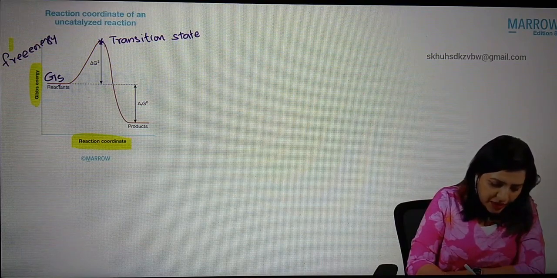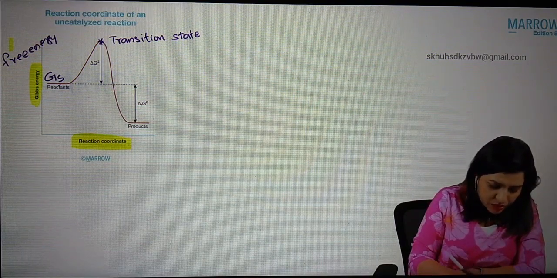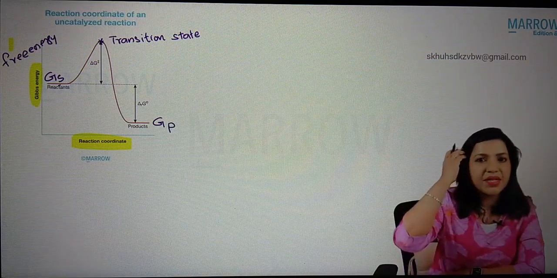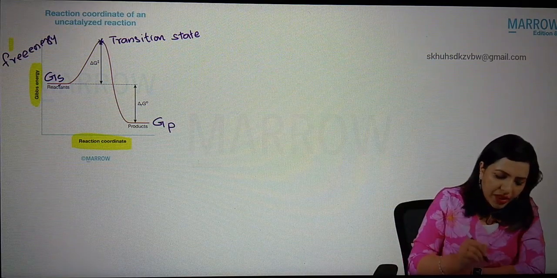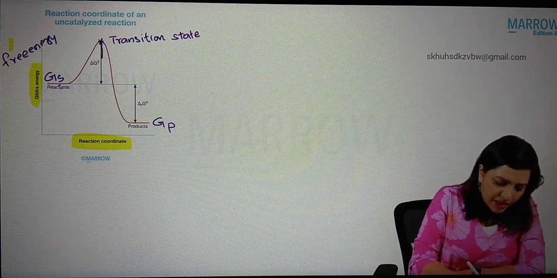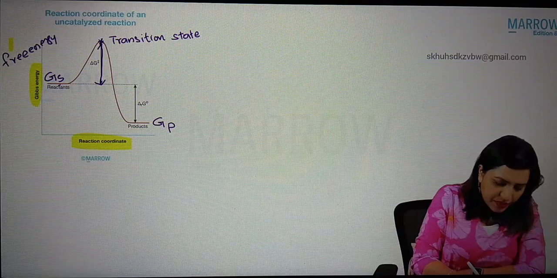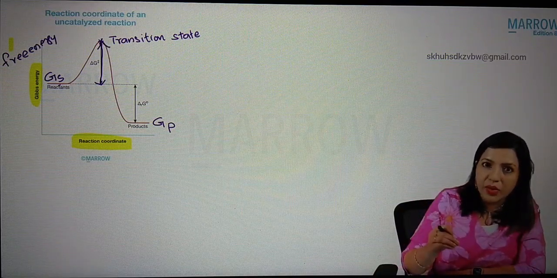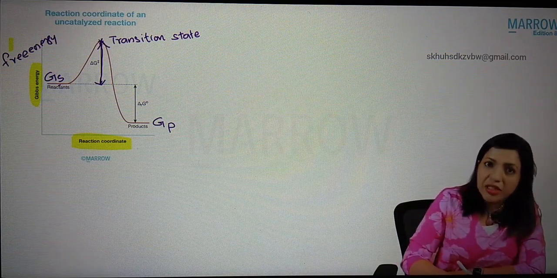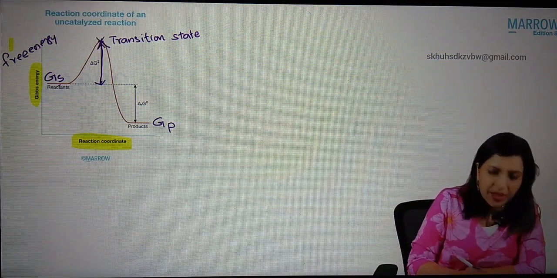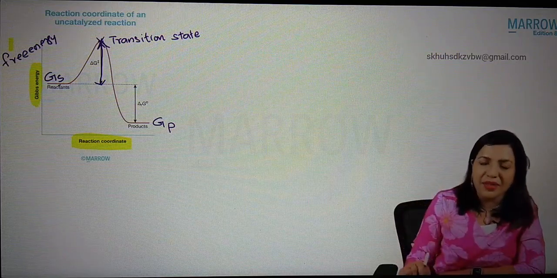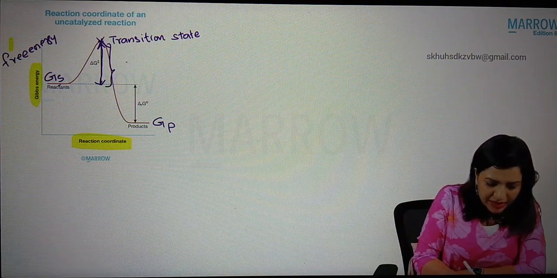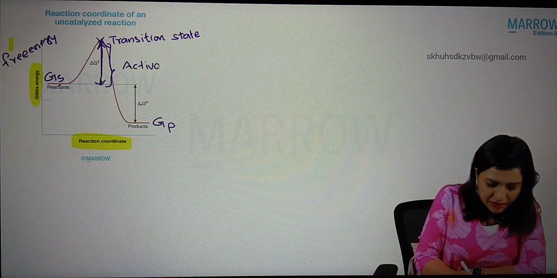Then the free energy, you can see, is coming down, and this is called the free energy of the product, termed GP. Now, what is marked here is the free energy that a substrate has to acquire so that the reaction can happen. Only if it reaches the summit will the reaction happen. So this energy is called the activation energy.